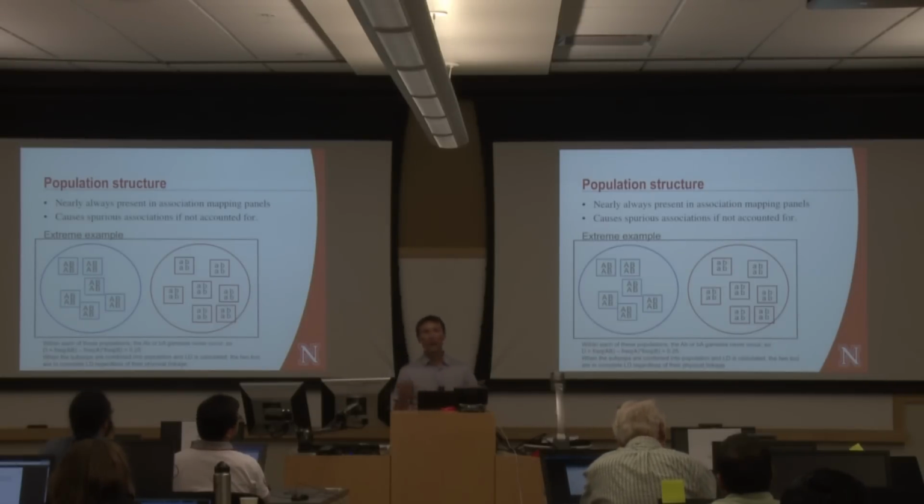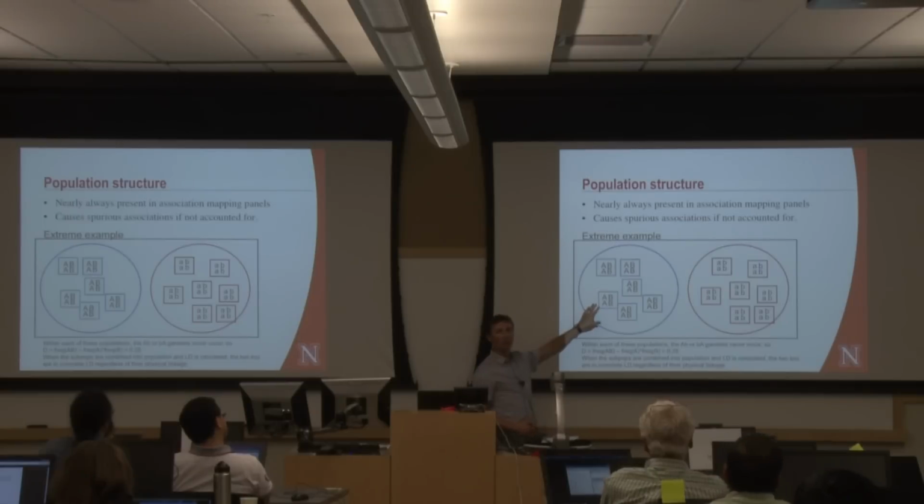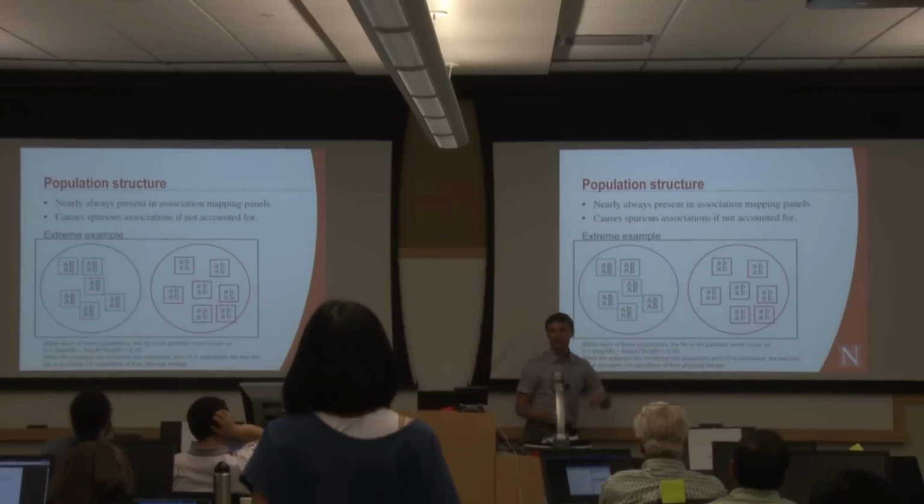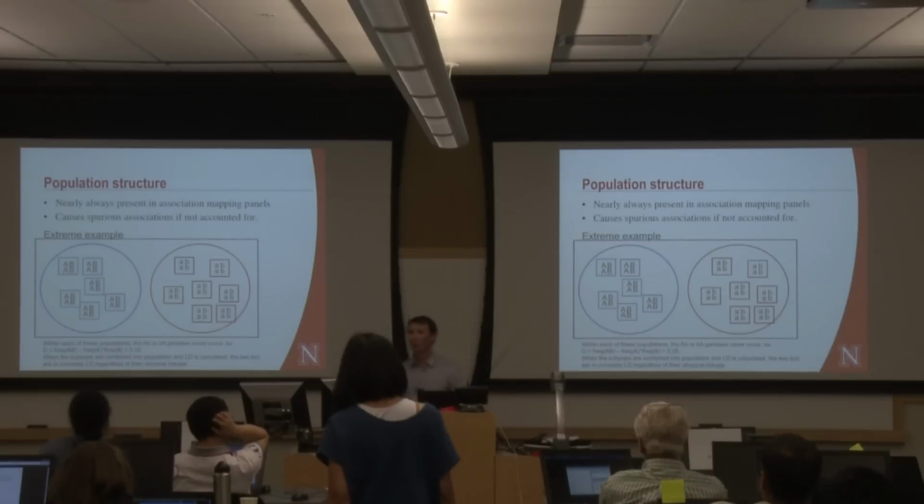Okay? So the only haplotypes that are present in this population are the big A, big B haplotypes. We have another population, the red population, where at these two loci, the small a allele and the small b allele are completely fixed. Okay? So in this population, the only haplotype we see is a small a and small b haplotype.